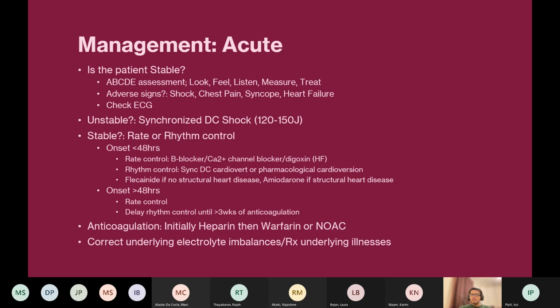And what else might you do during your investigations? Something you should really do in general. So you run your ECG. If their sats are low, you put them on O2. Always think when you're doing ABCDE: look, feel, listen, measure, and treat. So in measuring, what can we do to measure things?